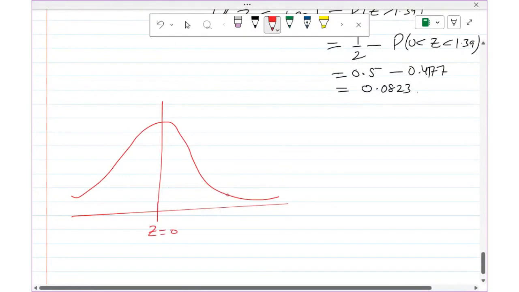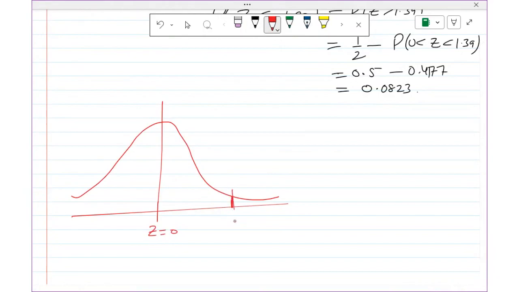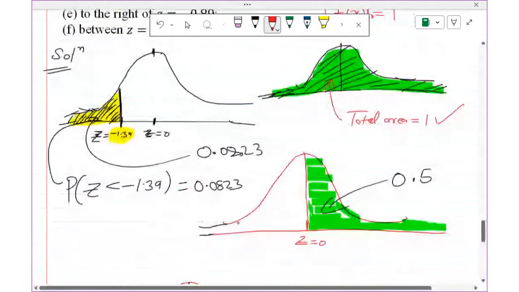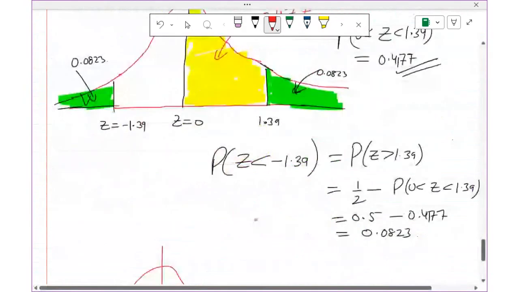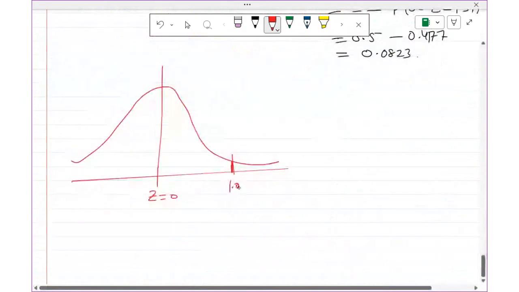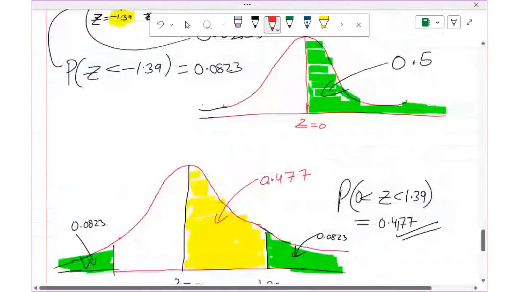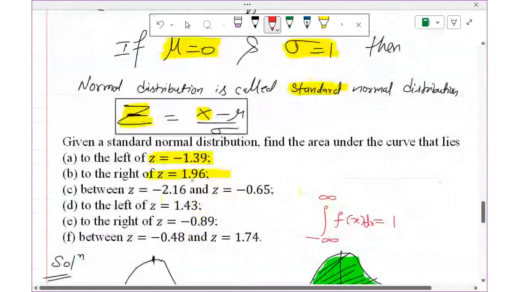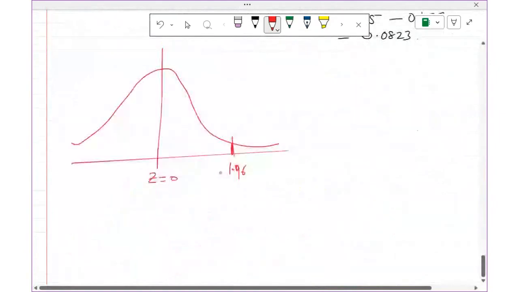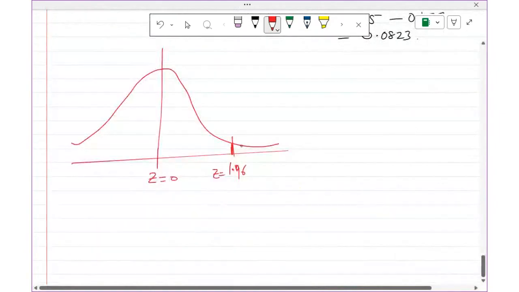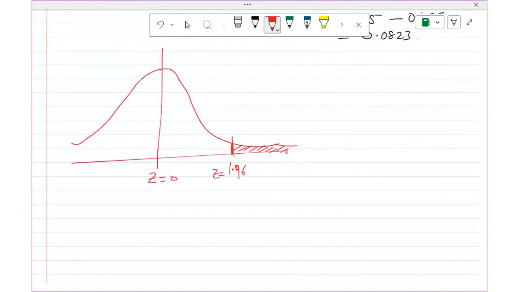Somewhere here we will have the point, 1.96. It is a positive point, that is why it will be on the right side. And we have to find the area to the right of z equal to this. So this is z equal to 0, this is z equal to 1.96. So the right side, this one. This is the area we have to find, which I have shaded in red color.